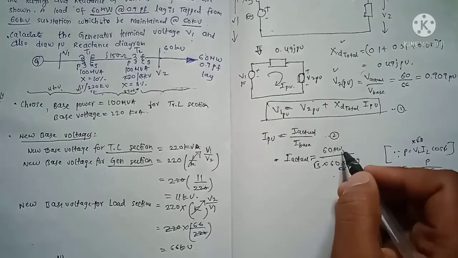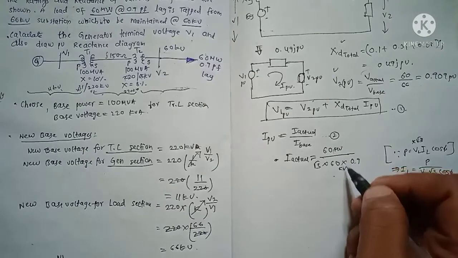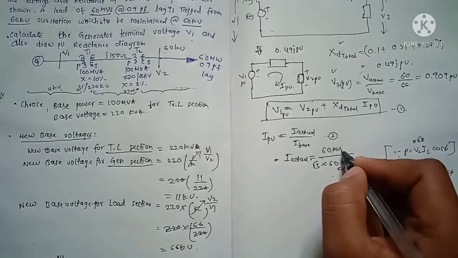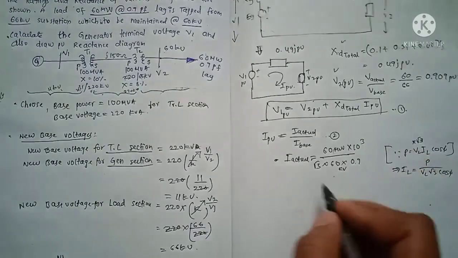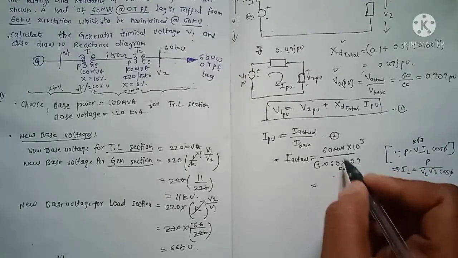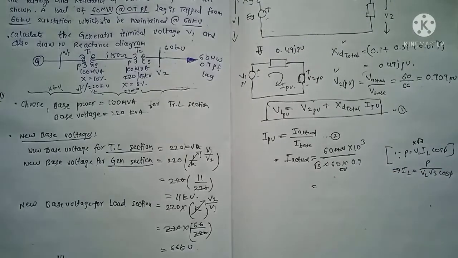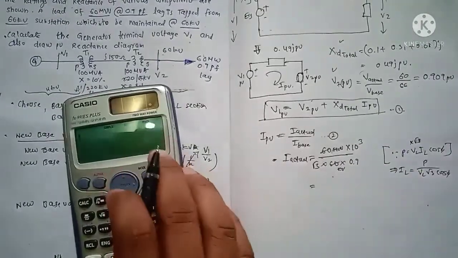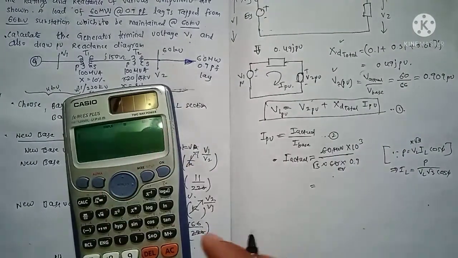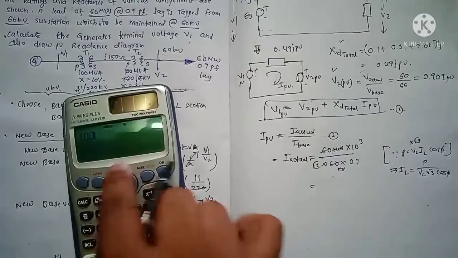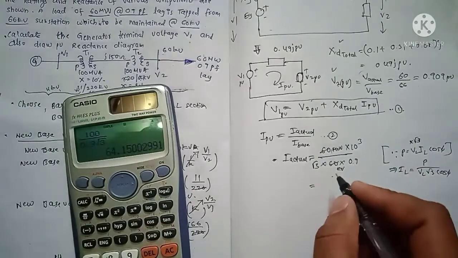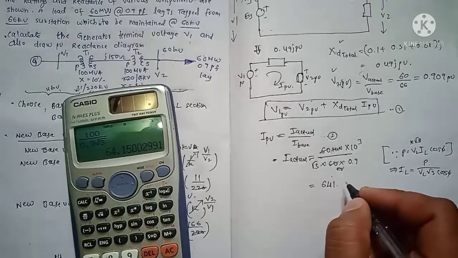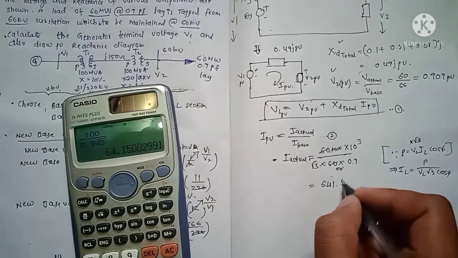We know that the numerator and denominator should have equal units. So to convert MW into kW, we multiply by 10 raised to 3. After calculating this, just skip these units. The 60 gets cancelled. After calculating the whole thing, that is 100 divided by 0.9 root 3, we got 641.5 amperes.